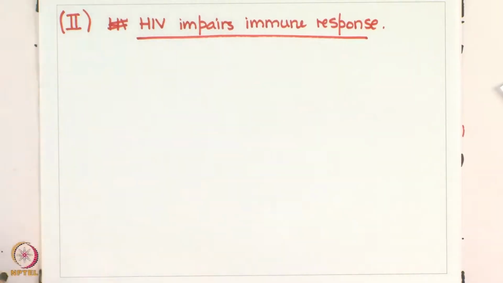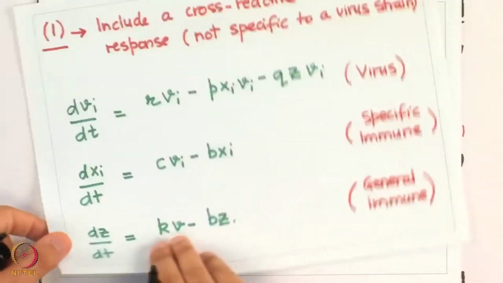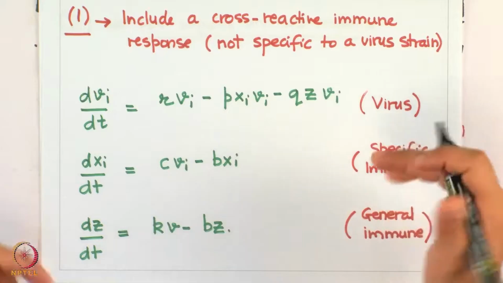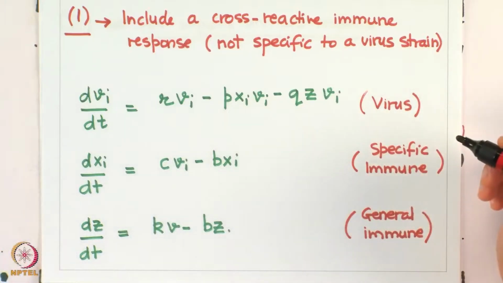And clearly, if we look at the equations that we just derived, how do we incorporate a fact such as that into our models? Now, what we want to capture is that these virus particles do not permit the immune response to get activated as it would in a normal circumstance.